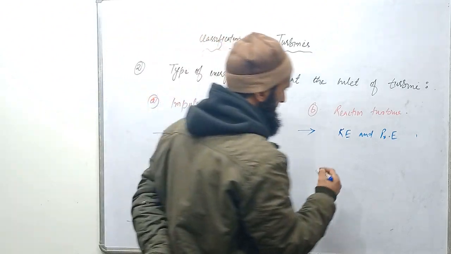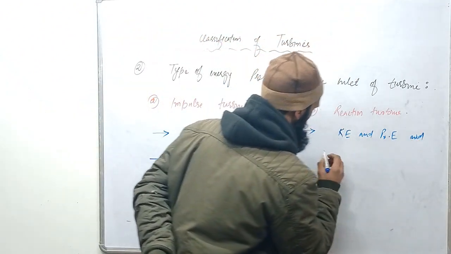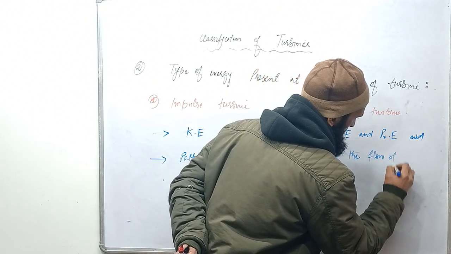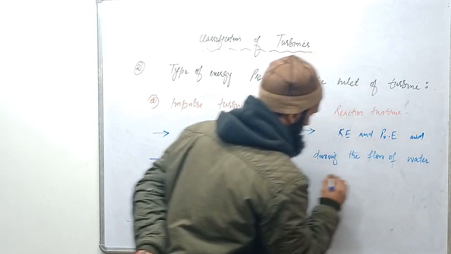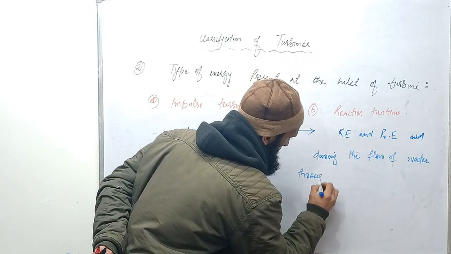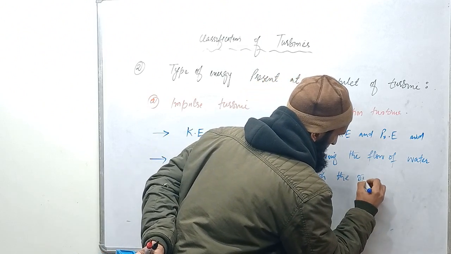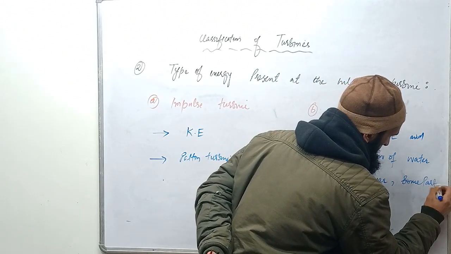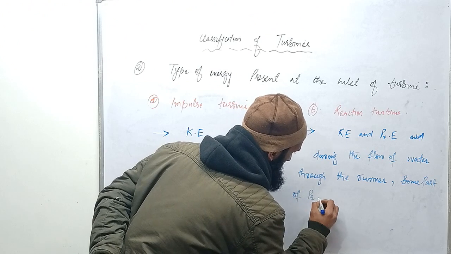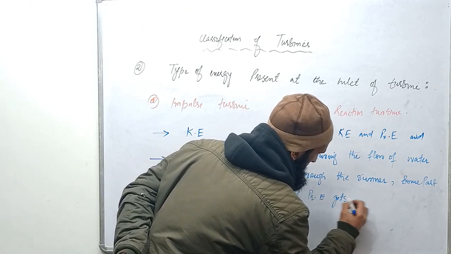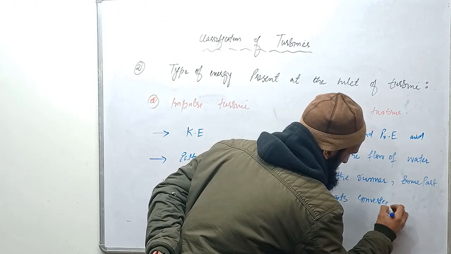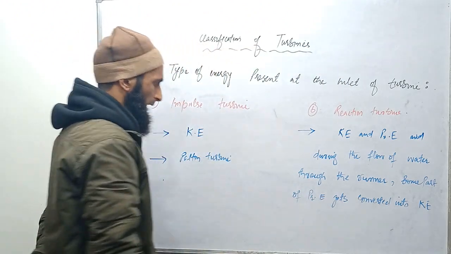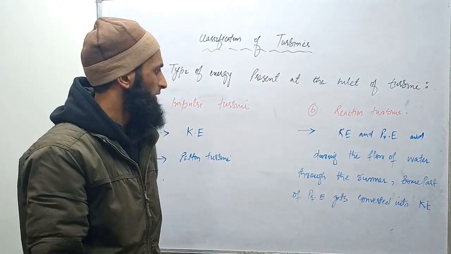During the flow of water through the runner, some part of the pressure energy gets converted into kinetic energy. This type of turbine is known as a reaction turbine.